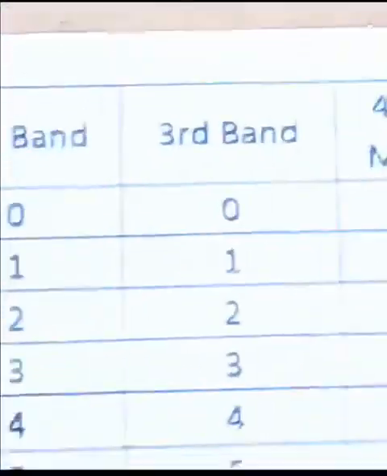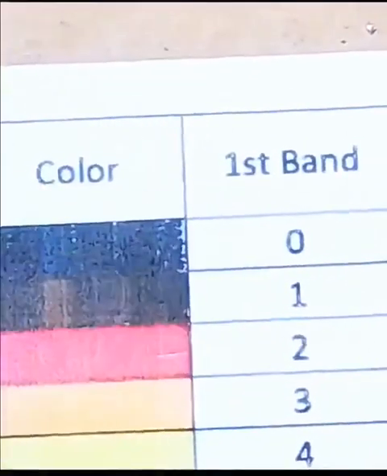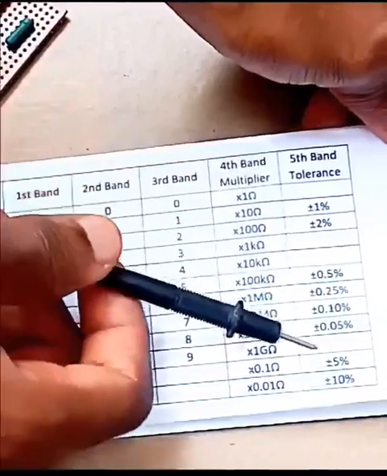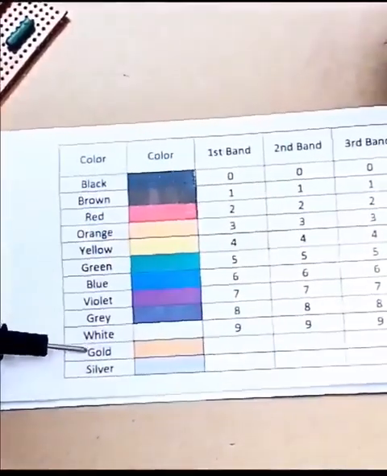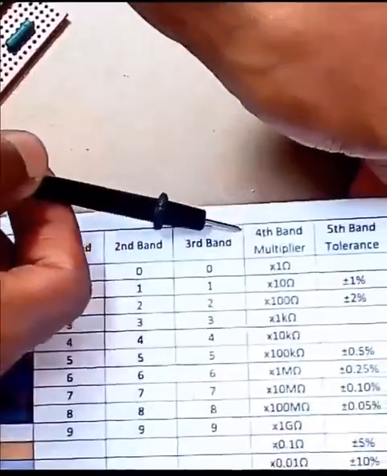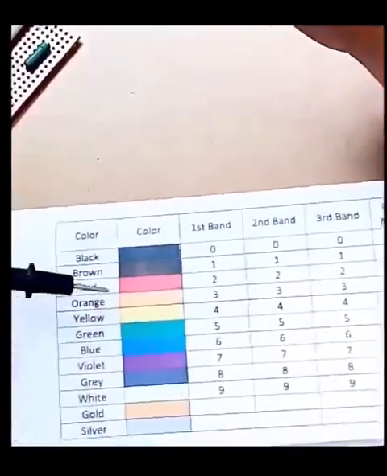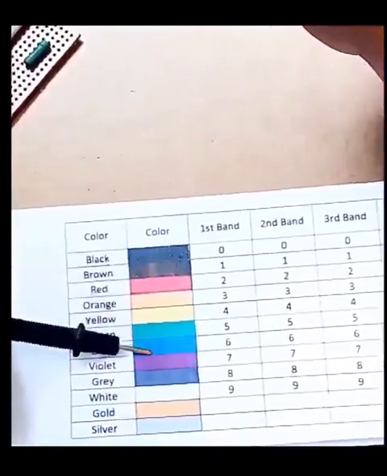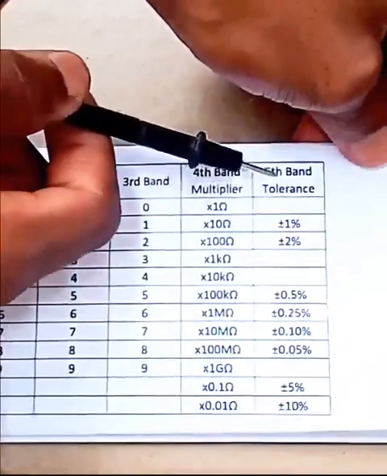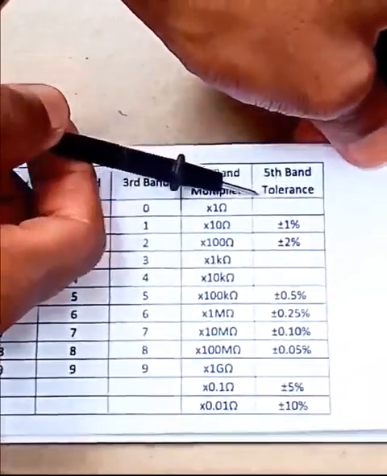You start from the 1st band. The tolerance band will always carry 2 colors. Remember, gold and silver. The multiplier band can carry any of these colors except those that represent the tolerance band.